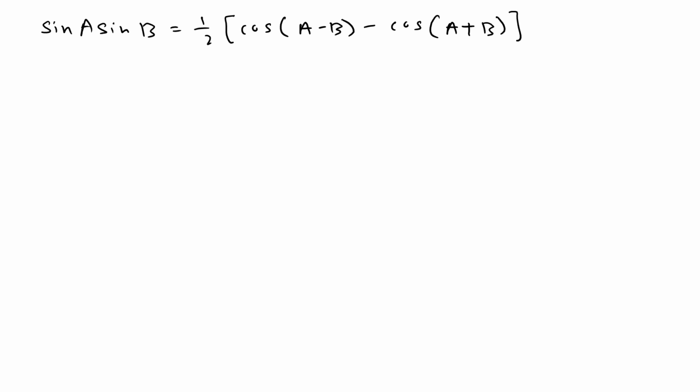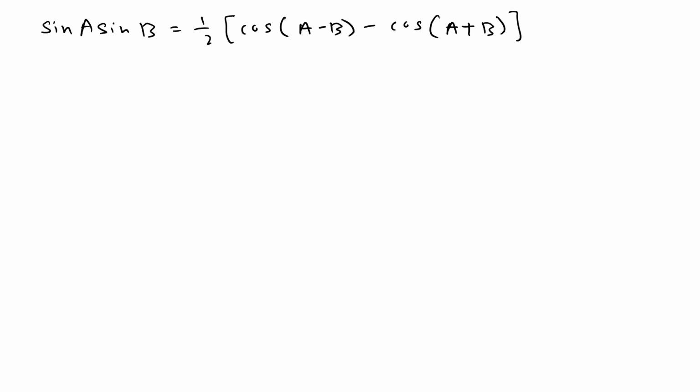What we normally do is write cosine A plus B and cosine A minus B and subtract the two, because you need the sine, and then you get the expression. But this is a trigonometric identity that we can use.